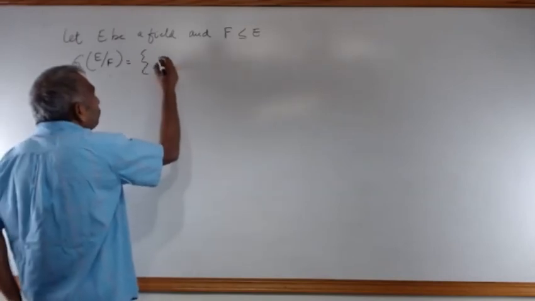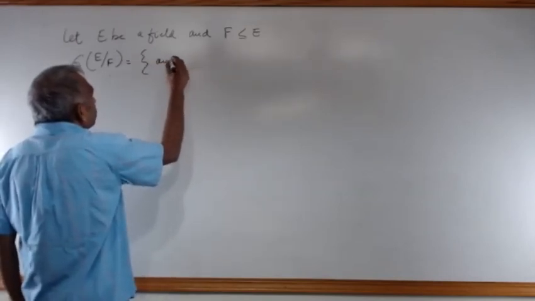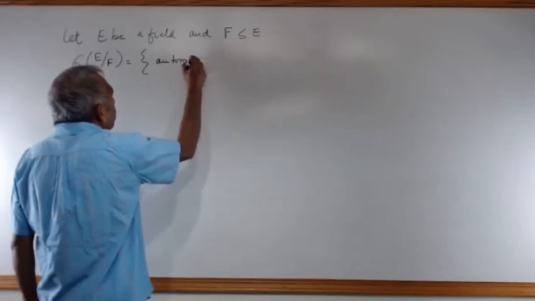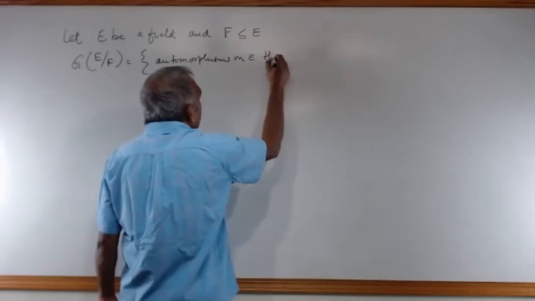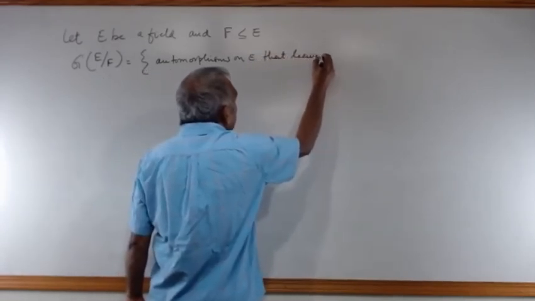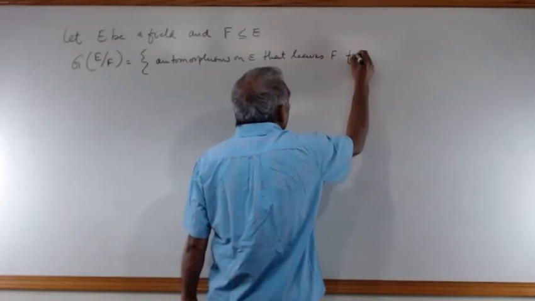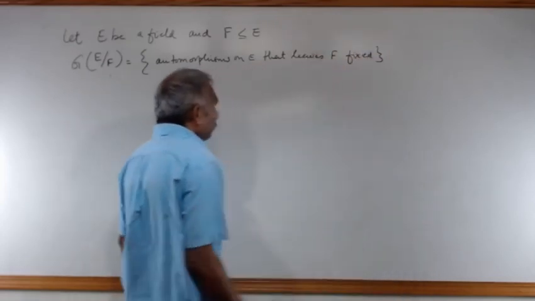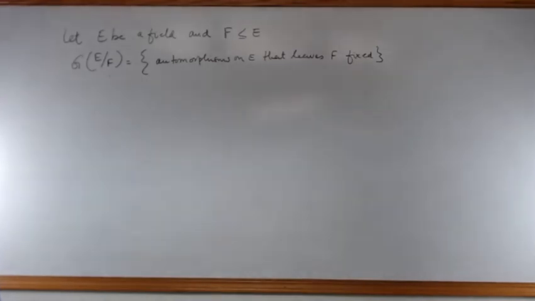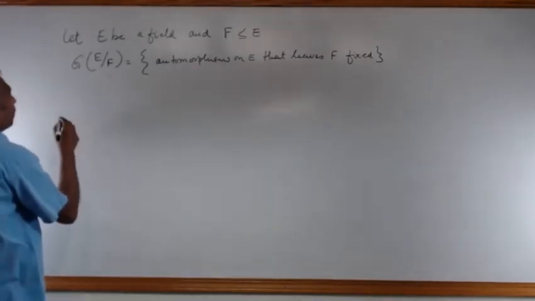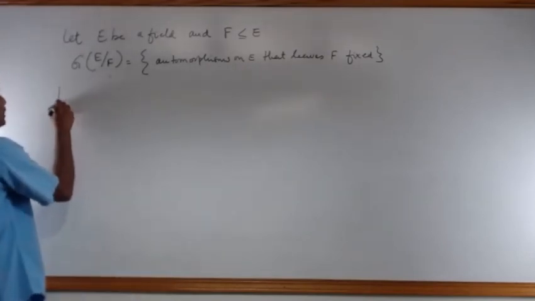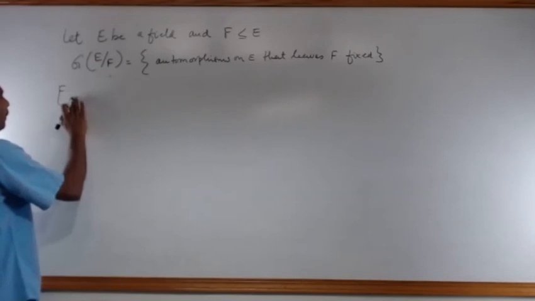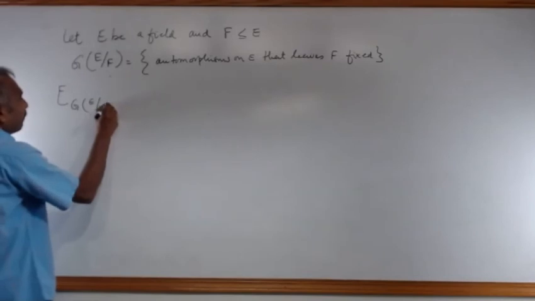It is the automorphisms on E that leave F fixed. Now, what is the fixed field of G of E over F?